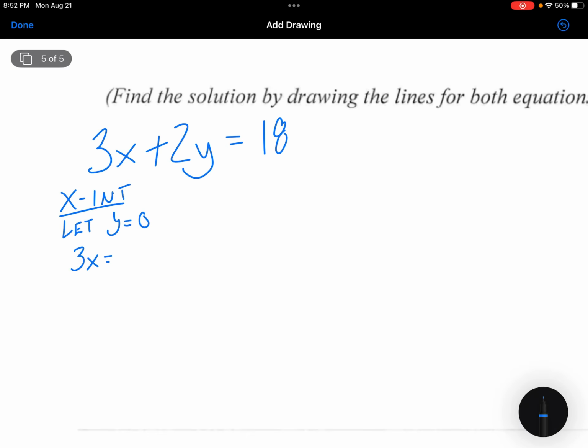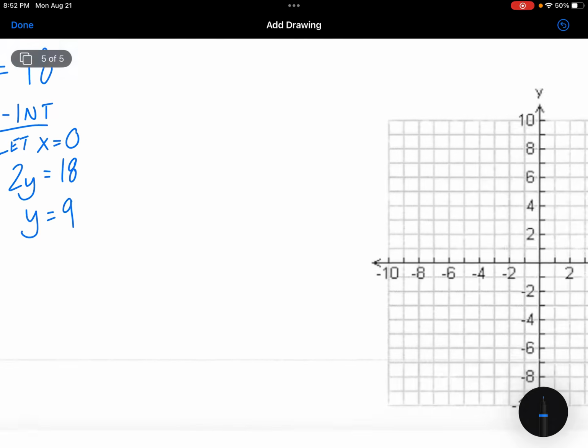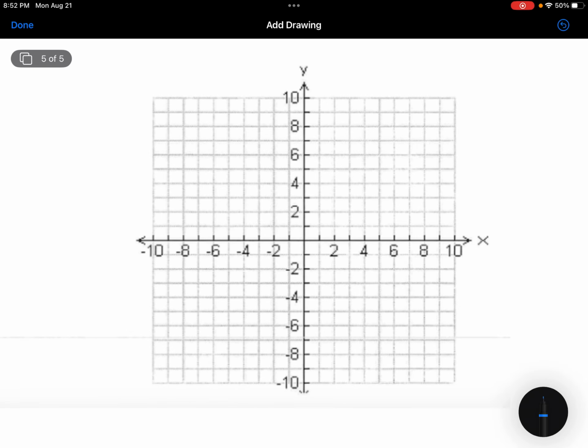So we're going to get 3x equals 18, and then x equals 6. And then for our y-intercept, we let x equal 0, so then we get 2y equals 18, y equals 9. So now I can put those on the graph.